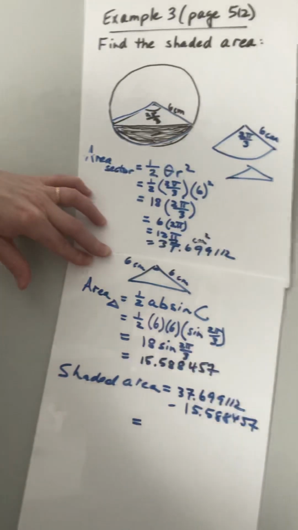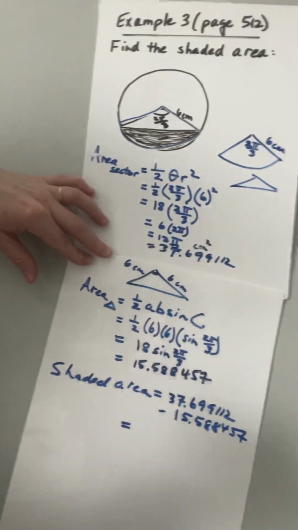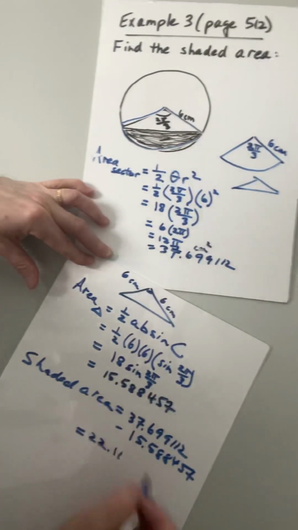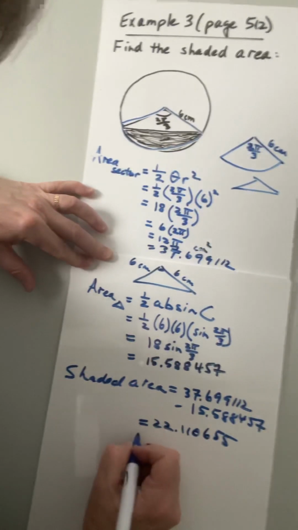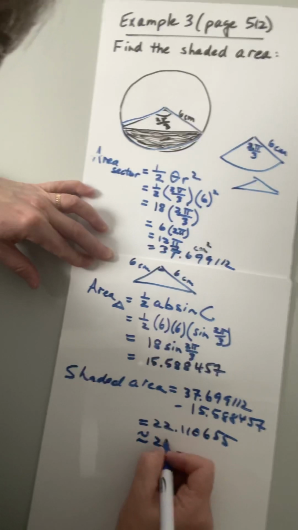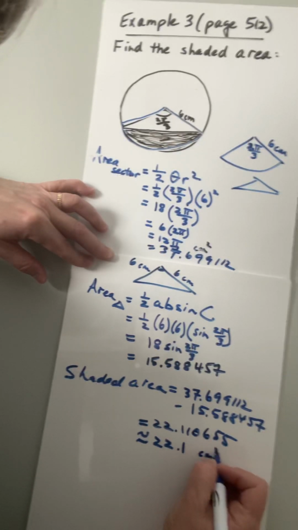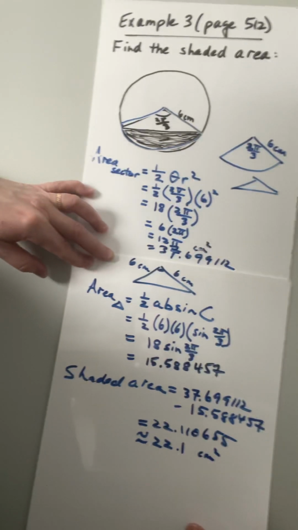So that equals 22.1106. Sorry about this. 0655 is what I have. In IB Math, we're going to round that to 3 significant digits unless otherwise stated. So that's 22.1 centimeters squared. There we go.